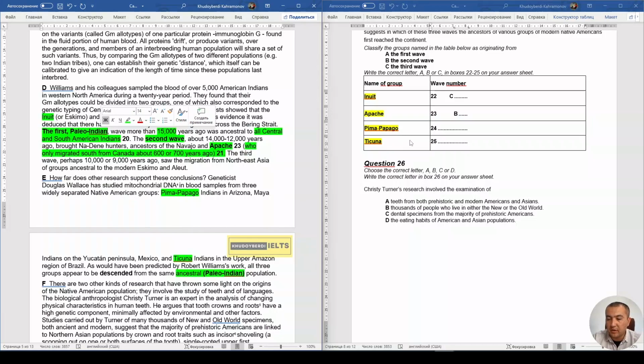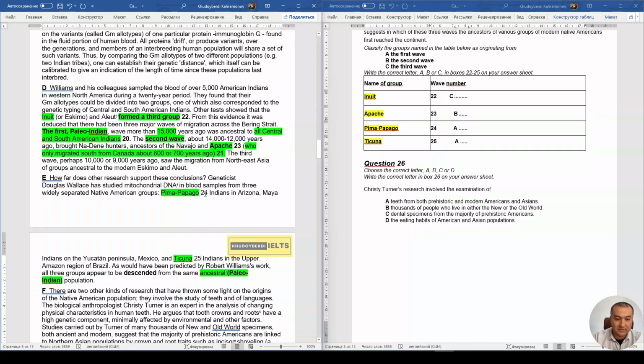So Pima, Papago, and Ticuna should be the same first wave, because it's written like first here. Let's write it down, 24 and 25 respectively.